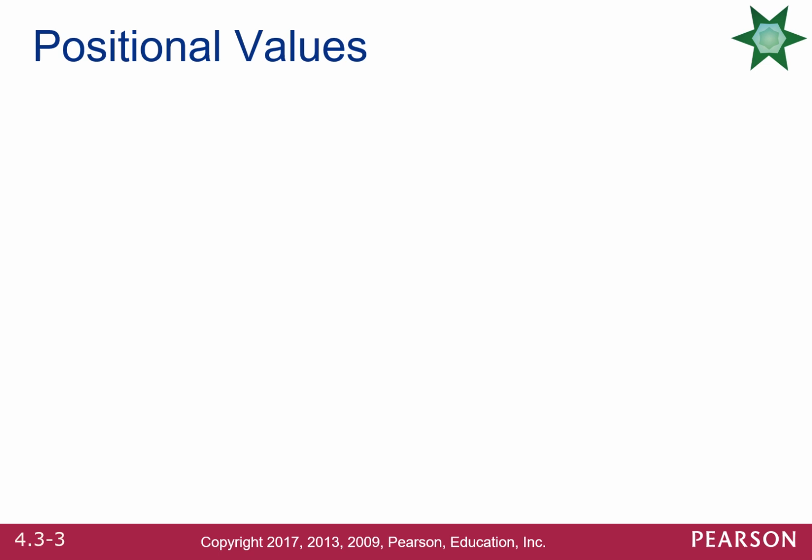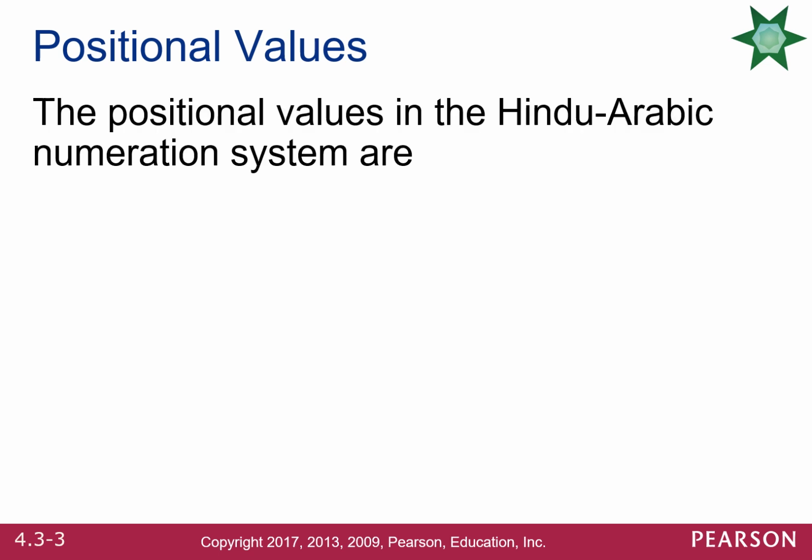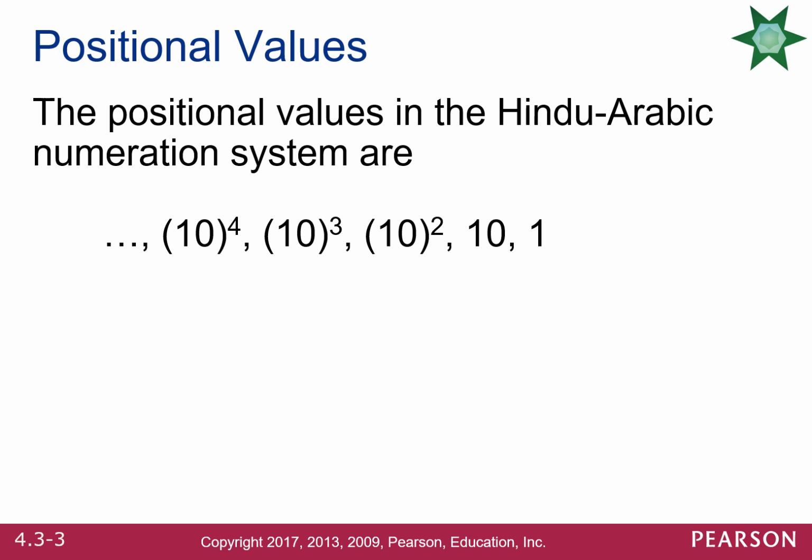So to review the concept behind positional values, we already learned that the Hindu-Arabic system is based on the base 10 system, where the first or the units place has a positional value of 1, and that comes from base 10 to the power 0. 10 to the power 0 is 1.